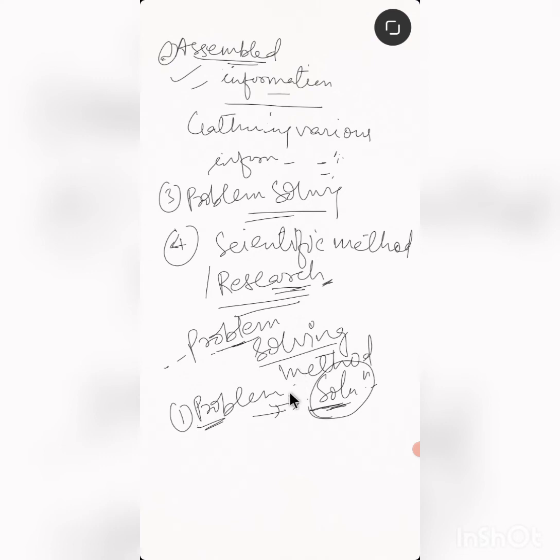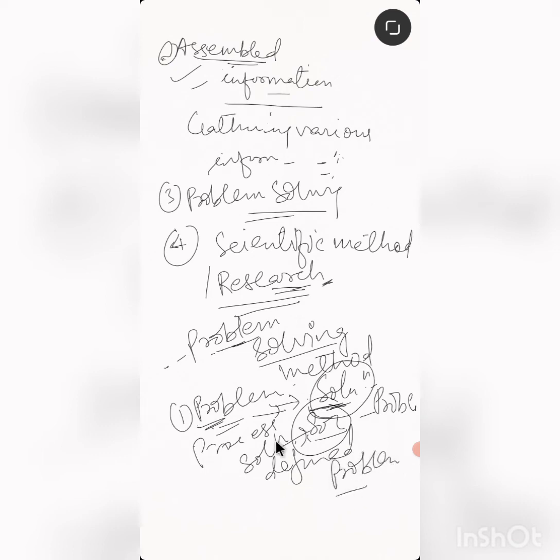So this problem solving method, what can we say about it? This problem solving method is basically a process of searching a solution for a particular problem. The process by which we search for the solution of a problem is your problem solving. What is the problem solving method of developing knowledge? This problem solving method of developing knowledge is basically a process of searching a solution of a particular defined problem, right?